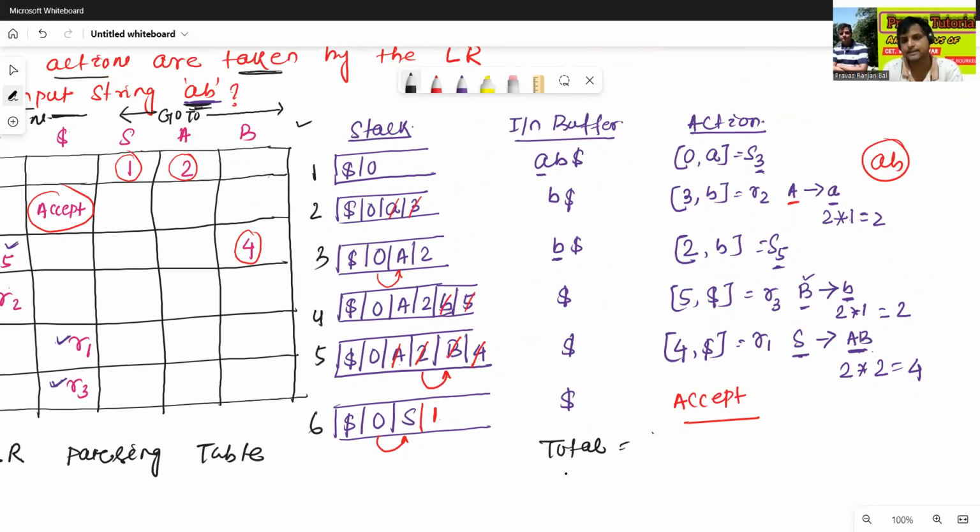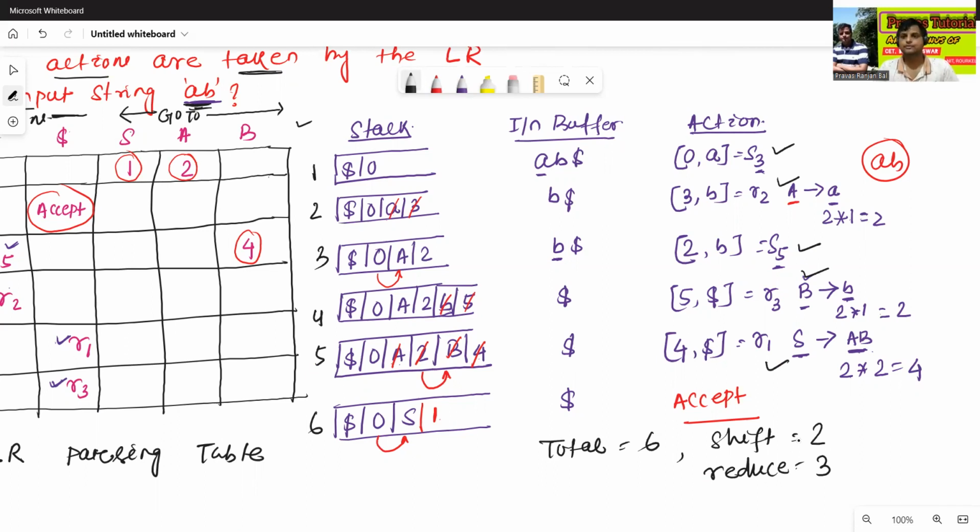The total actions are 6. Shift actions: 2. Reduce actions: 1, 2, 3. So 3 reduce actions, 2 shift actions, and the total actions are 6.